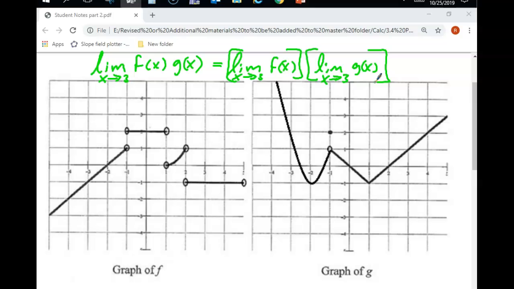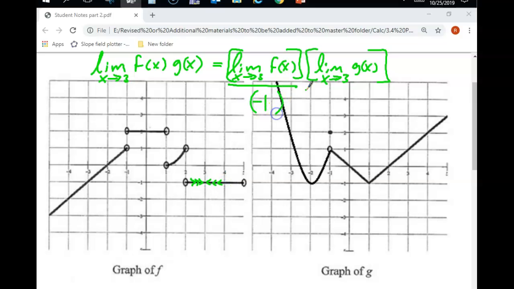So we have a graph of f over here on the left. We have a graph of g on the right. What is the limit of f of x as x approaches 3? It's -1, right? So here's me approaching 3, and the y value we're approaching there is -1.